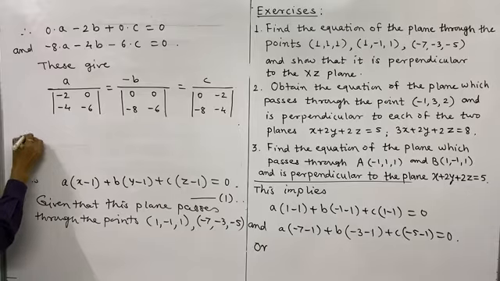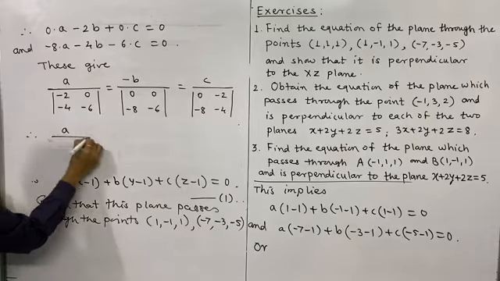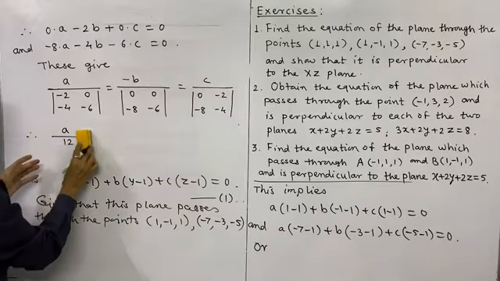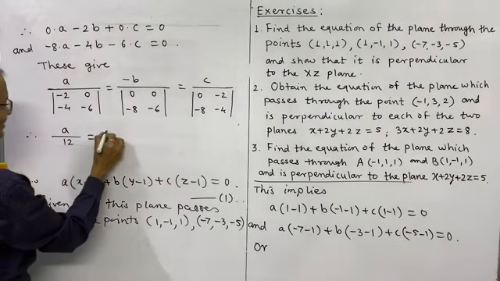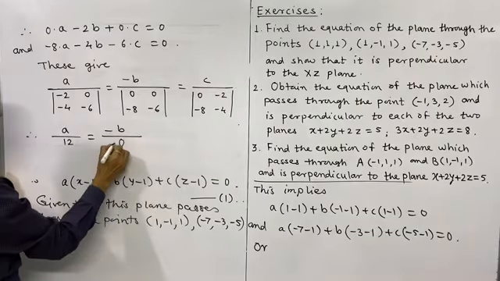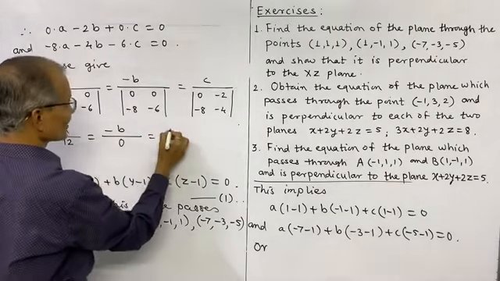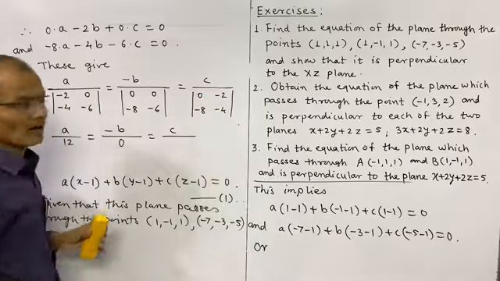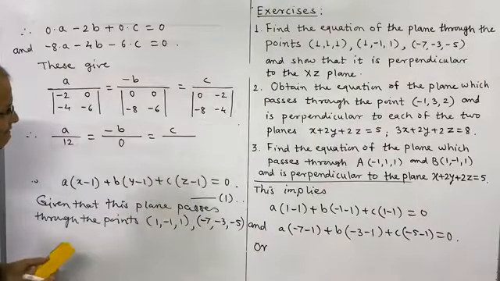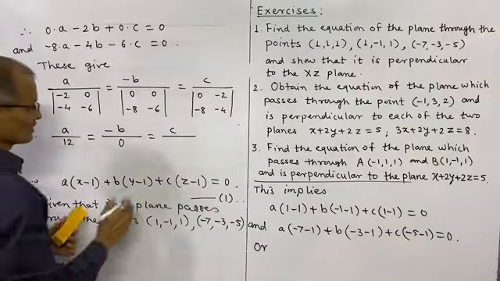And this gives a divided by 12, and further negative b divided by 0, and c divided by 0, minus 16, yes, it is minus 16.